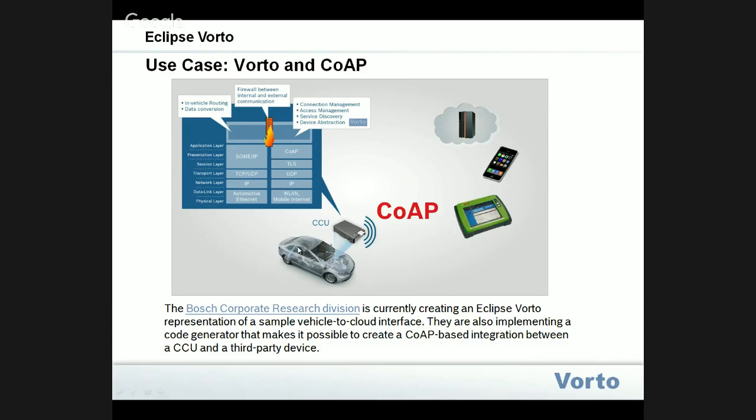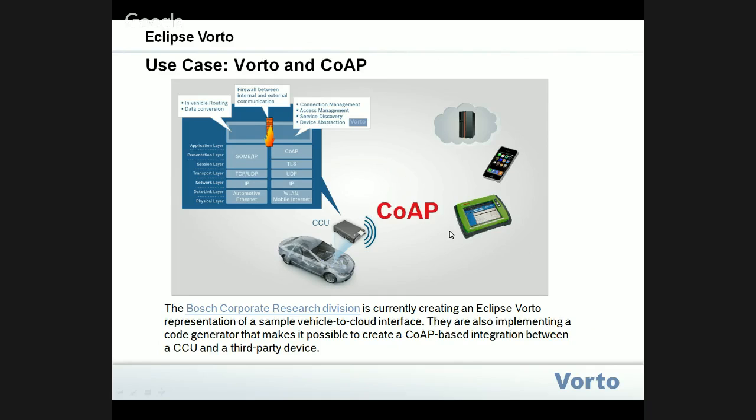So within the car, devices can communicate using the SOME/IP protocol, and a Vorto code generator can now create client and server side. So it enables a communication between a gateway in the car and a device in the car.